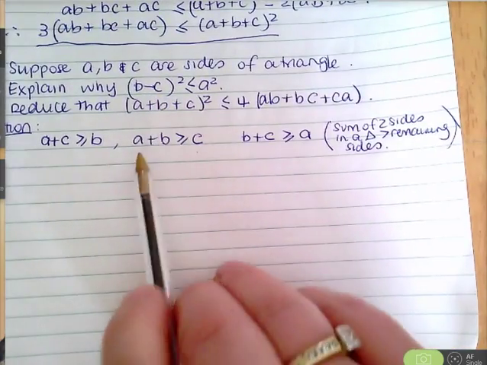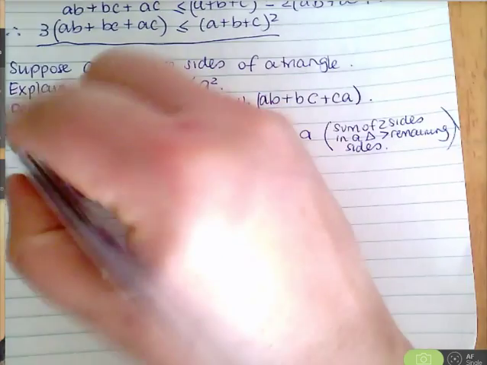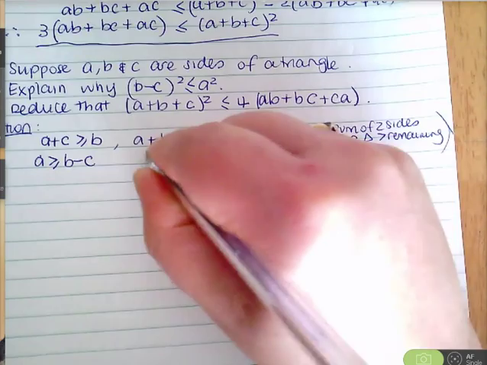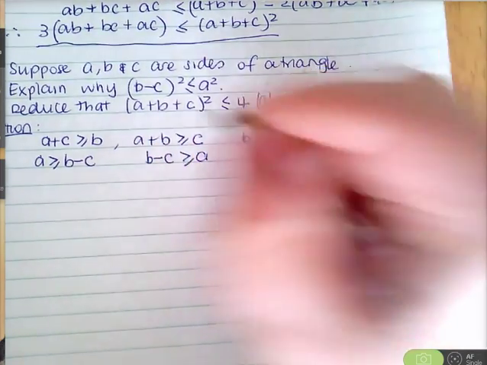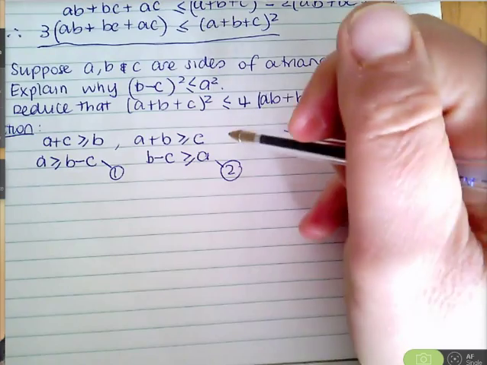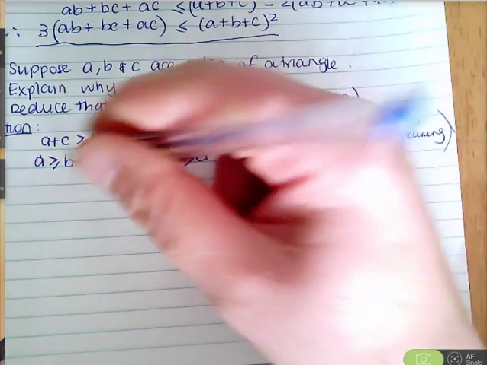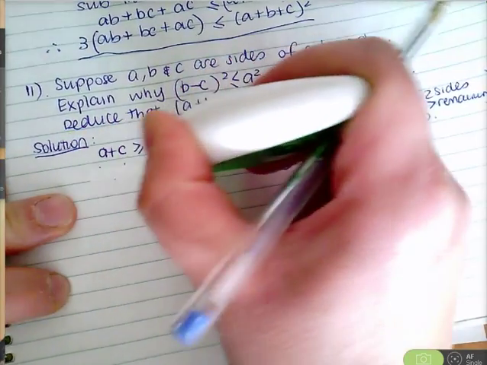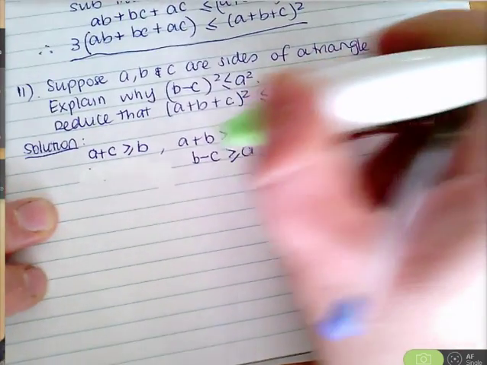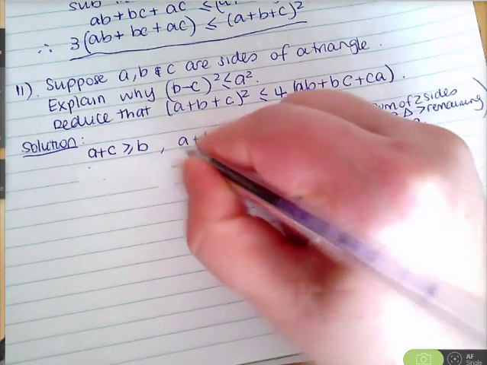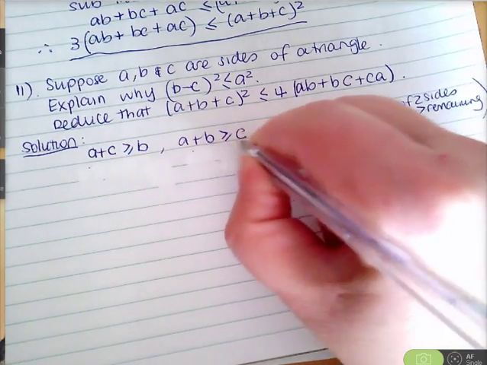Now, we're trying to get this B minus C. If I rearrange these first 2, I would get that A is greater than or equal to B minus C, and if I rearrange this one, I'll get B minus C is greater than or equal to A. I want the inequalities looking the same way, so I'll rewrite them.